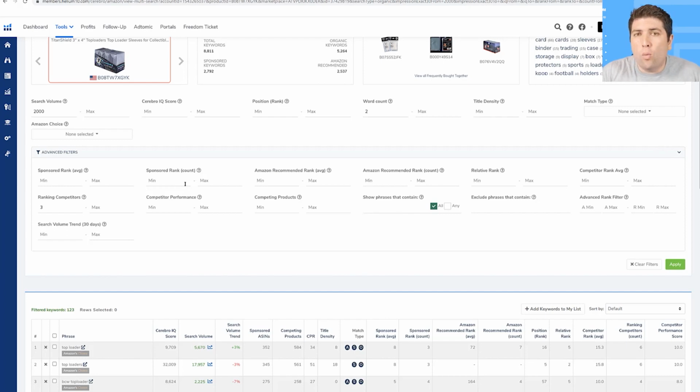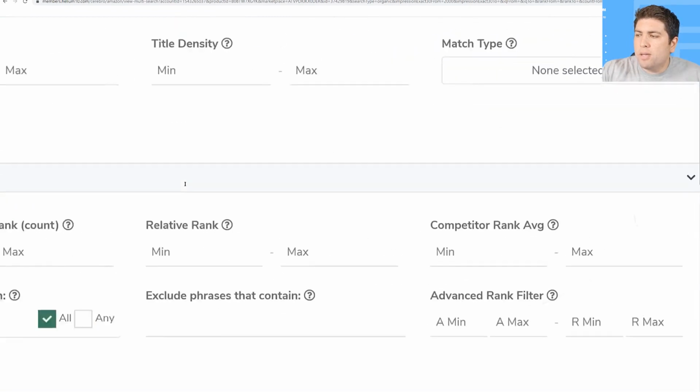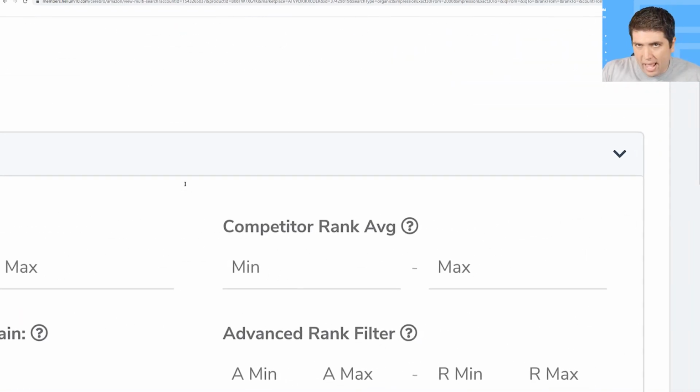Obviously not. So we're going to do something similar to what we did before with the rank, but this is going to be the competitor rank average. What does this mean? If I take where all of these products that rank for a certain keyword show up, and average out their position, they're kind of all on page 1. How can I do that?